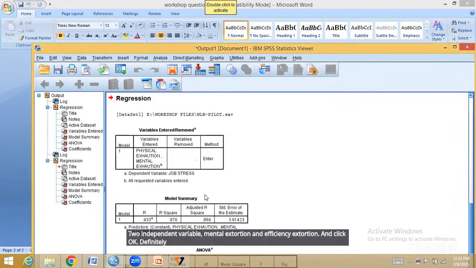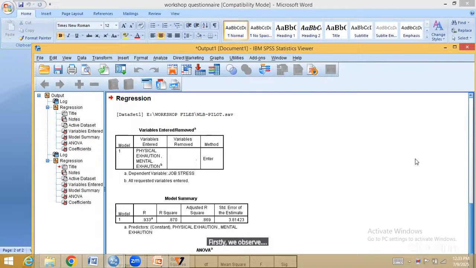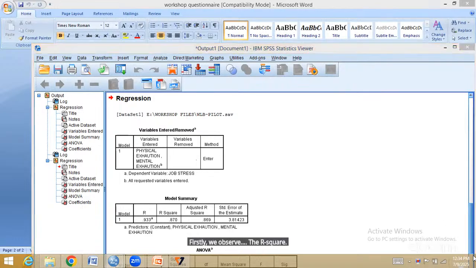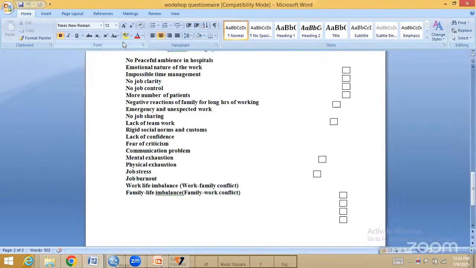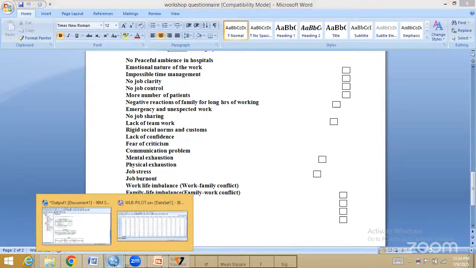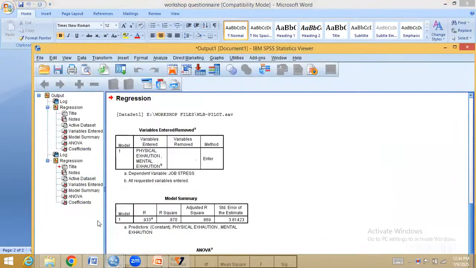Definitely, firstly we observe the R square. The R square is 0.870.